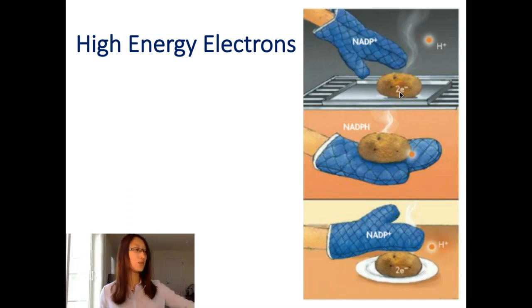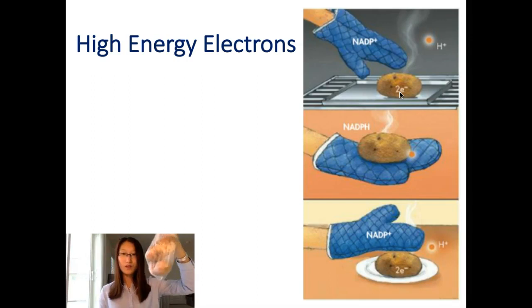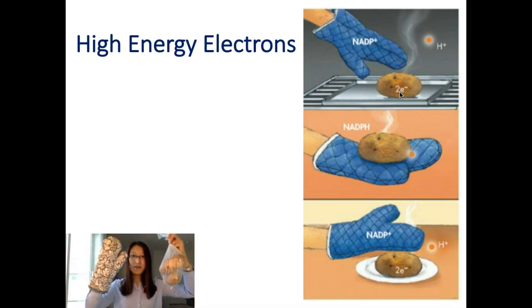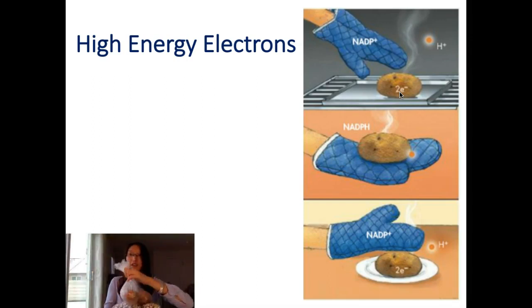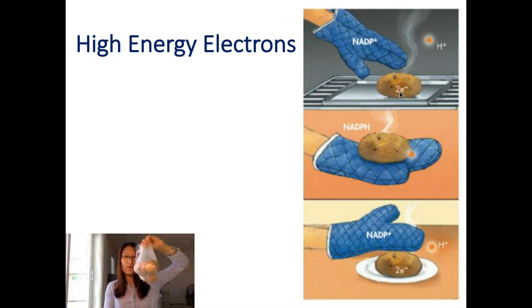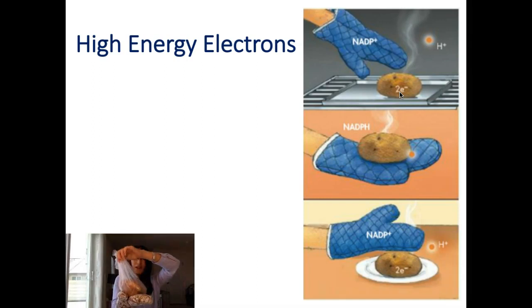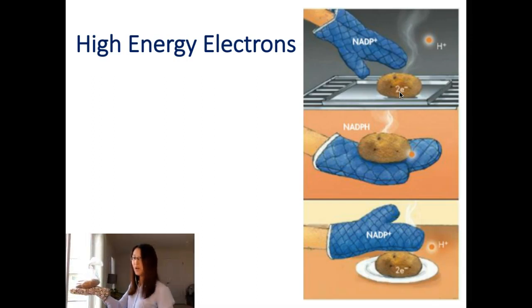So right here I have two potatoes. All right, and you see the two potatoes? And I have an oven mitt. And when the two potatoes get excited, now they're hot potatoes, we have to have the oven mitt, which is called NADP+, to carry these potatoes to somewhere else. I'm going to drop it off right here.